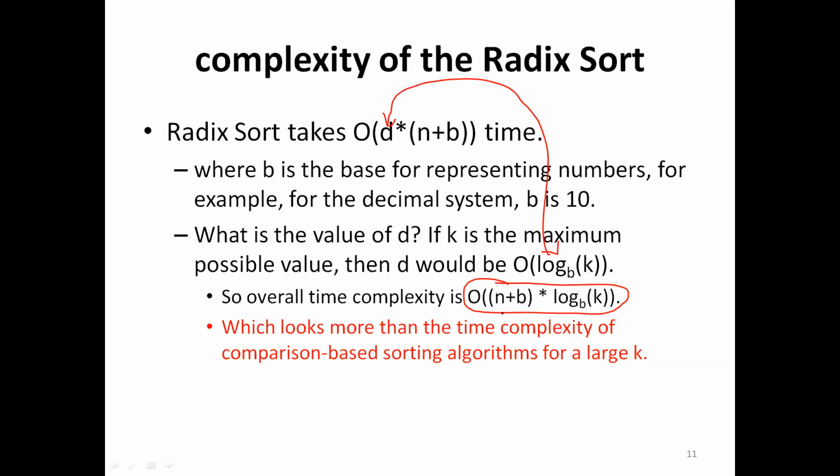See, you have to note that this radix sort is not a comparison based sorting. Comparison means that you will compare one element with the other element, whether it is greater than or smaller or equal to. It's not like that, right? You are dividing the given input elements into buckets. You're not doing any type of comparison in this radix or bucket sort.